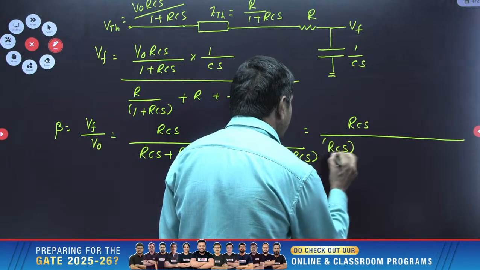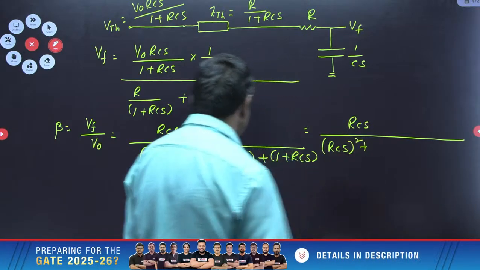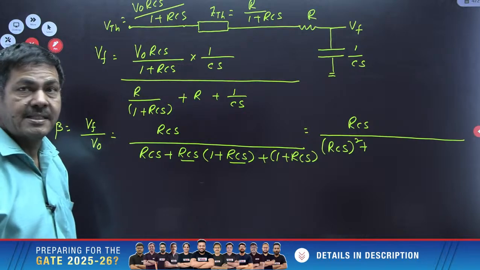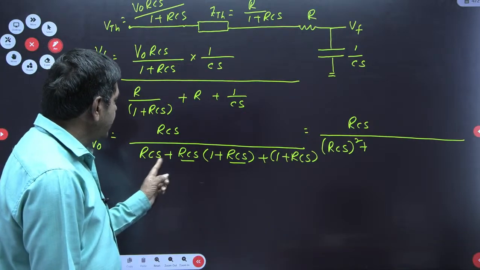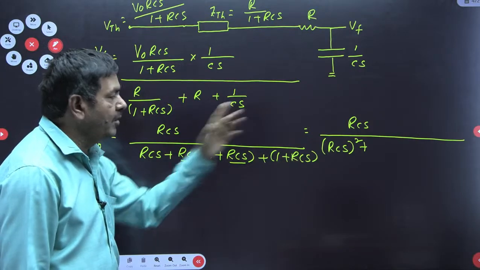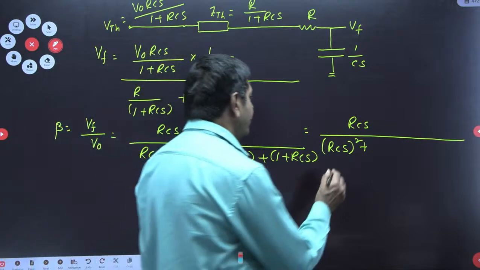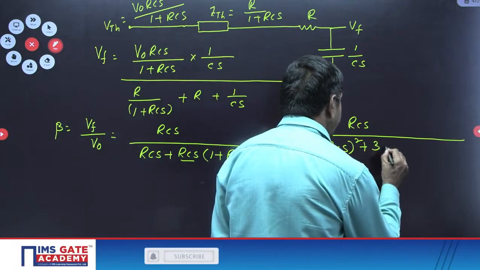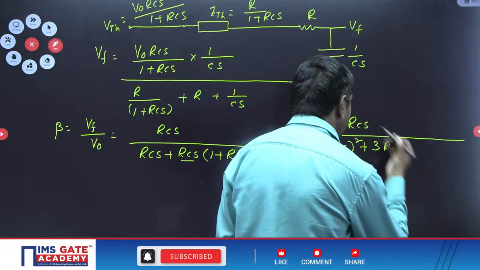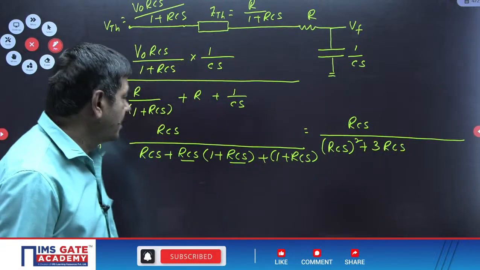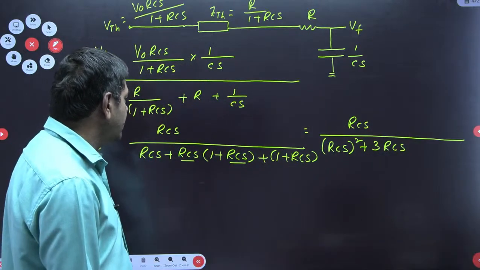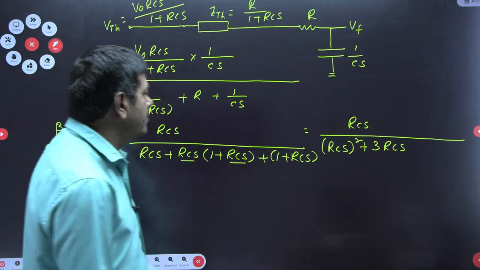RCS whole square I have written here now, plus how many RCS are there? 1 RCS, 1 more RCS, 1 more RCS. 3 RCS I am having here now. What constant is there still? Any constant is there? Yes, plus 1 is there now.